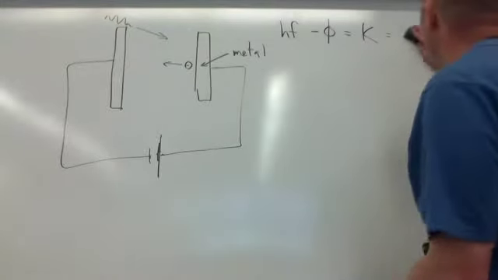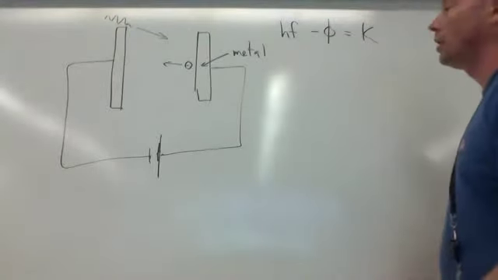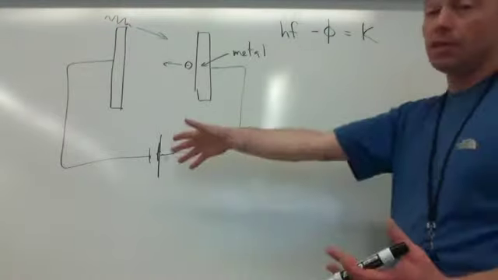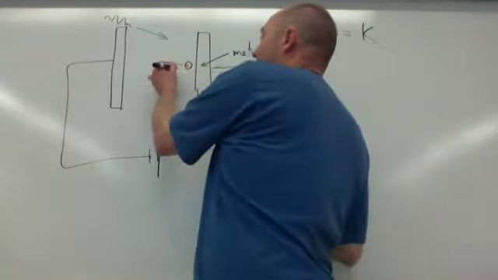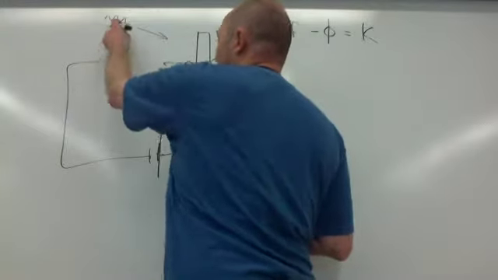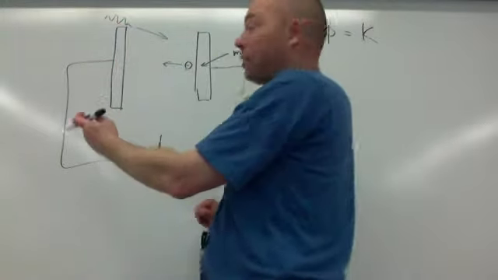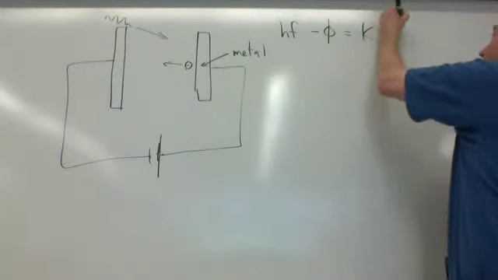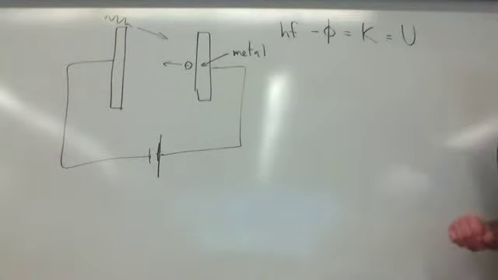But let's say you had a problem like this. Then this kinetic energy, as it moves over, because this plate is going to have a negative charge, is going to turn into potential energy. So you could say this is equal to your potential energy.